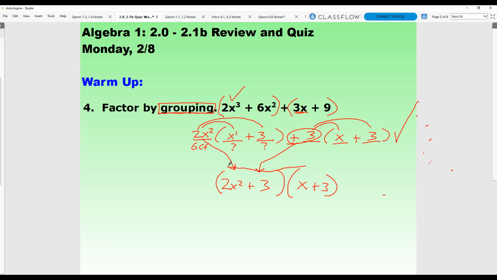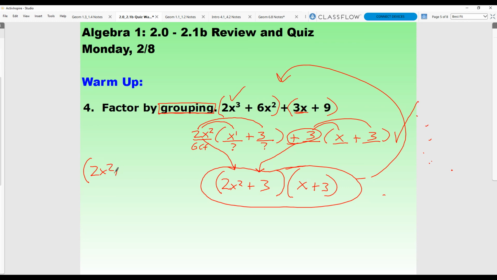All right, what this represents is the 2 binomials that got multiplied together to give you this answer up here. Like if you take these 2 binomials, we're not going to go through the steps, but if I just show you over here right quick, (2x^2 + 3) times (x + 3).